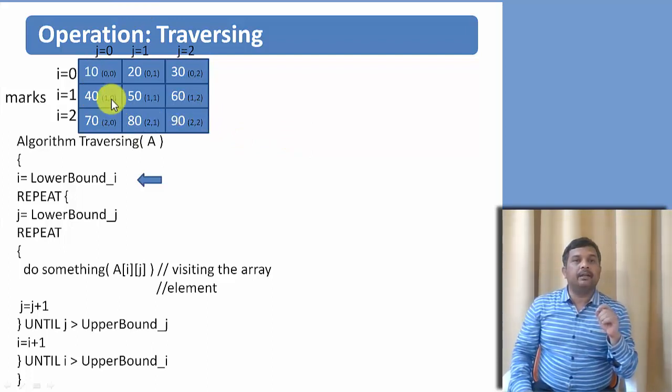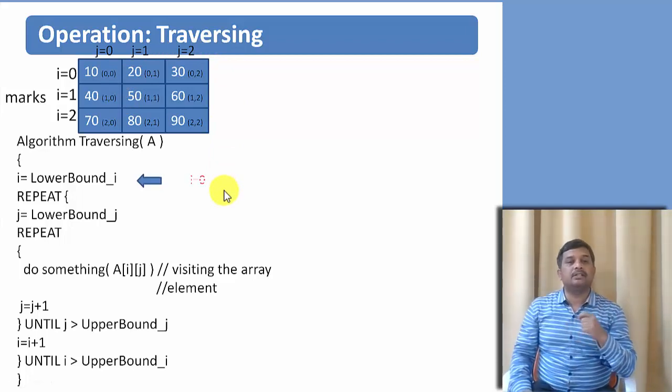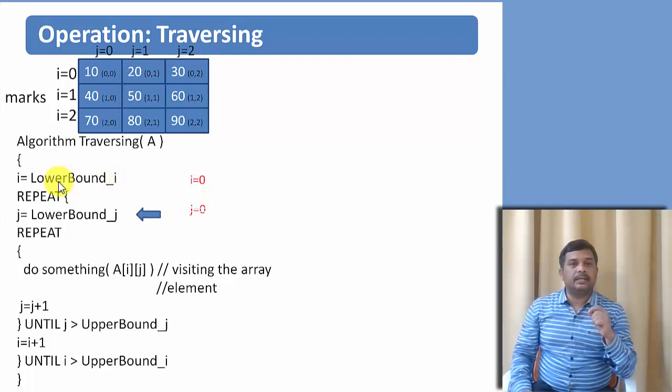We have this matrix, it contains some data and we are traversing it. So how will the traversal work? Basically we traverse from the lower bound, taking i as a variable, and the lower bound is 0, so i becomes 0.